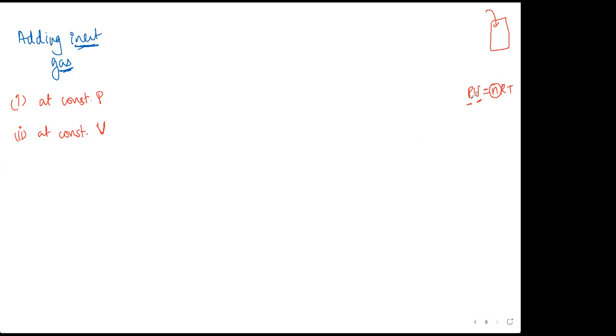Both can also change, but in order to figure out which direction the equilibrium is going to shift, we're going to consider two cases. If you're adding at constant pressure, so the overall pressure in the reaction vessel is kept constant, then to accommodate this extra gas you're increasing the volume of the reaction vessel. So if you're increasing the volume in order to add this inert gas, what are you doing to the pressure of the reaction itself?